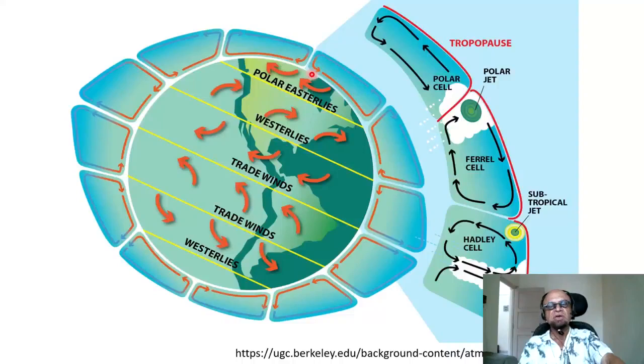There is less energy coming in than going out here. So we are constantly moving energy from low latitudes to the poles. It's called poleward heat transport or energy transport.